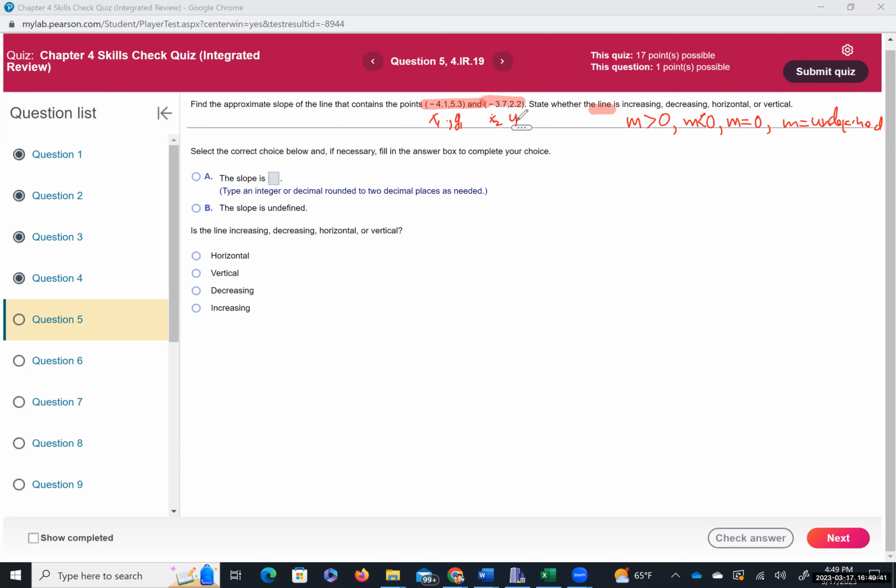So I have 5.3 minus 2.2 over x2 is -4.1 minus, okay, watch out, minus the x1, which is -3.7, so minus -3.7. So don't forget the parentheses, right? Okay, for this one, you use a calculator, make sure to put the parentheses on the top and bottom. And now use the calculator.